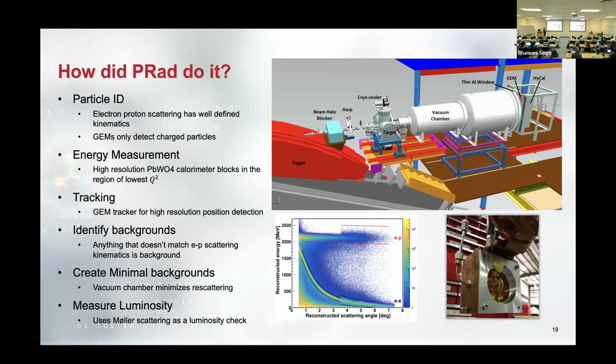But then for measuring luminosity, this is the other thing that we want to do. So Hall B doesn't have beam current monitors like maybe Hall A and Hall C has. That's where I do the bulk of my work. Instead, they have a Faraday cup, but that's not the most precise tool. So instead, for measuring luminosity, we can use Møller scattering.